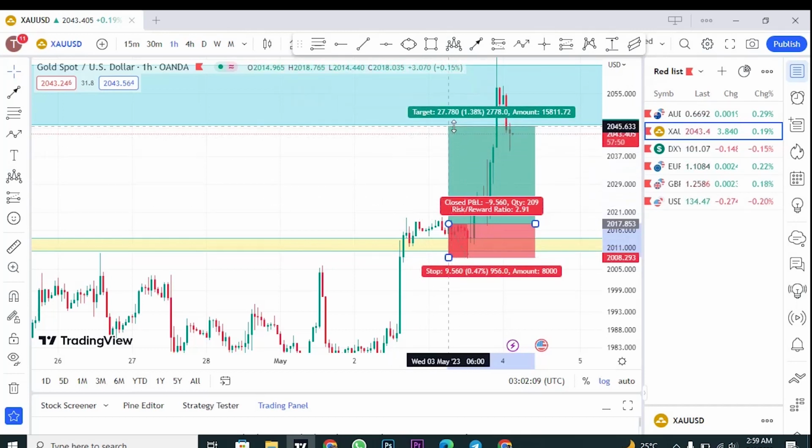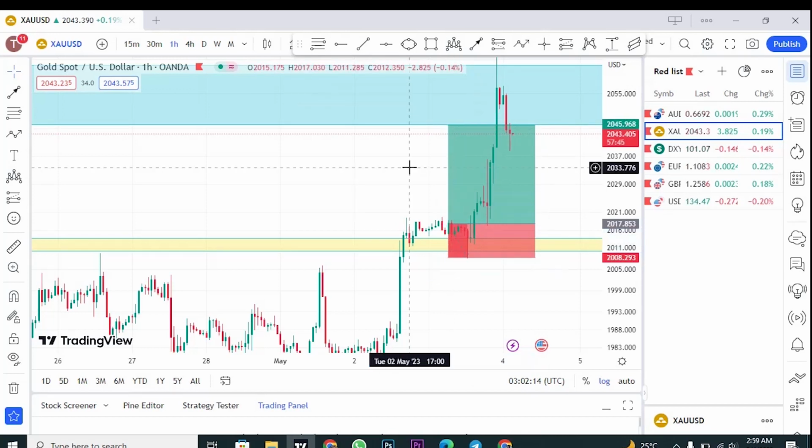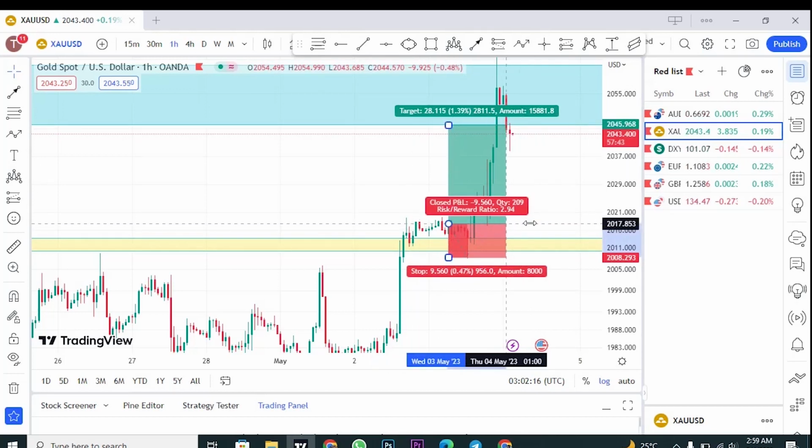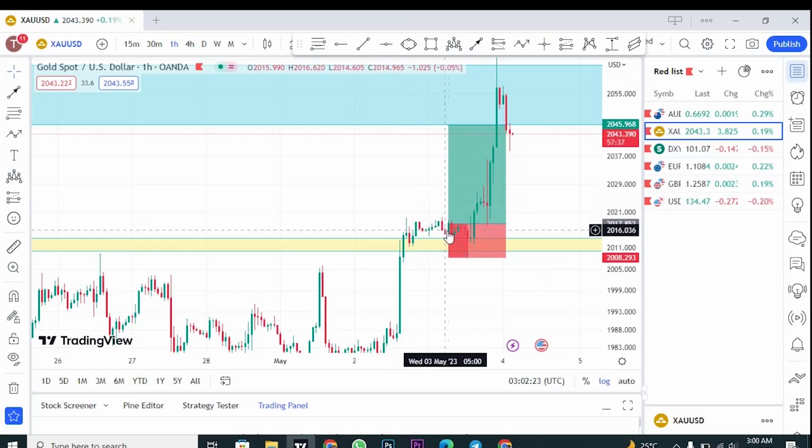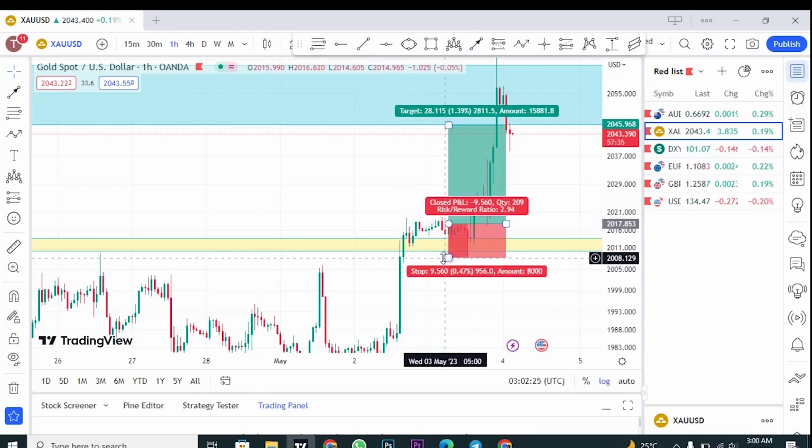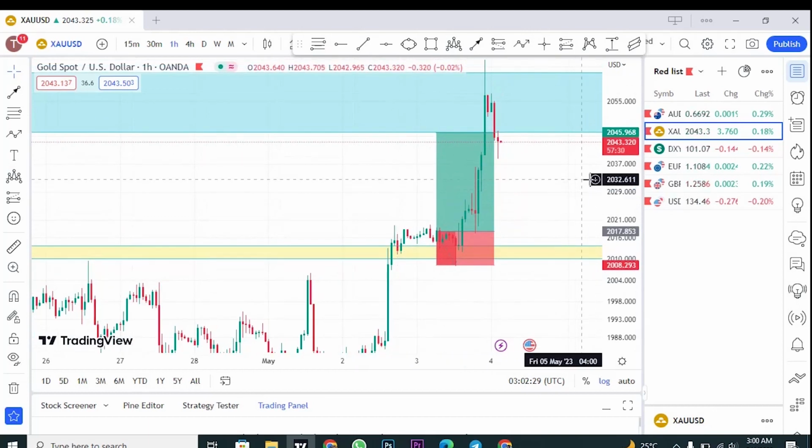So I think I entered only 1 position on gold, 1 or 2. After the close of the bullish engulfing candle, I entered my position right there, put my stop loss all the way to this point right here, and then this was my TP.